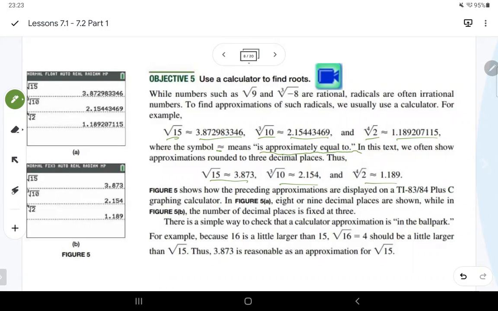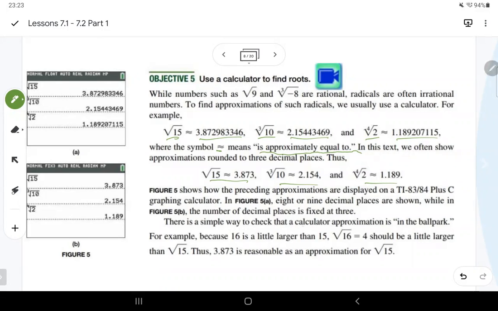Figure 5 shows how the preceding approximations are displayed on either a TI-83 or an 84 Plus C calculator. In figure 5A, 8 or 9 decimal places are shown, while in figure B, the number of decimal places is fixed at 3. You can change those in your settings, but I would leave them alone and just round.